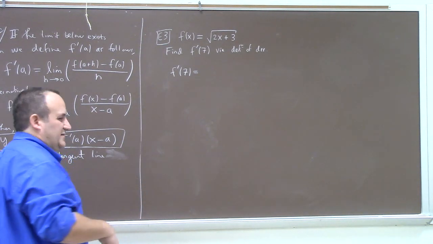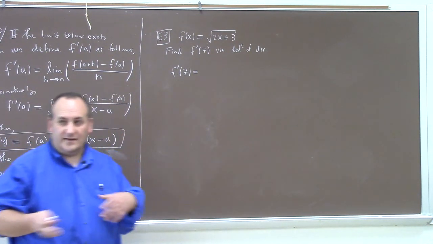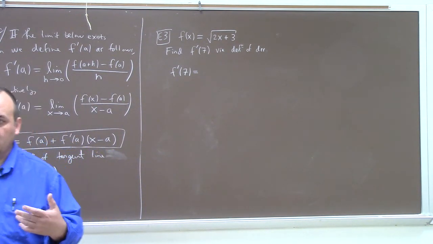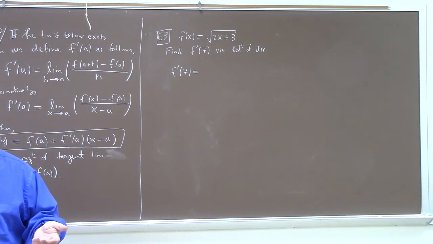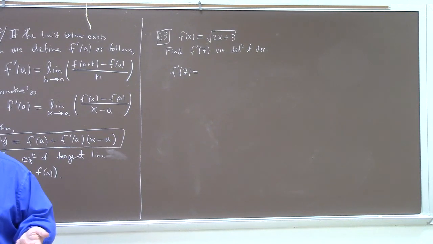That's fine. There's nothing terribly pretty with this particular formula. 7 is as good as anything else. Okay, so what do you guys want to do? h goes to 0 or x goes to 7? Let's do the x goes to 7.